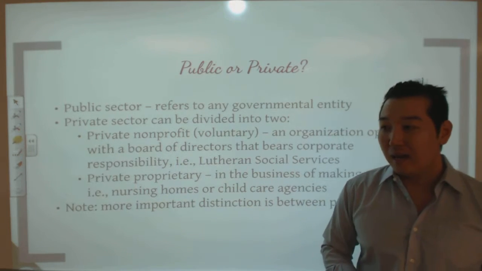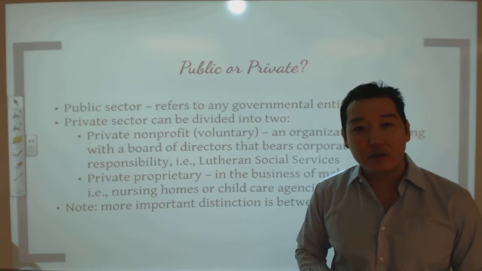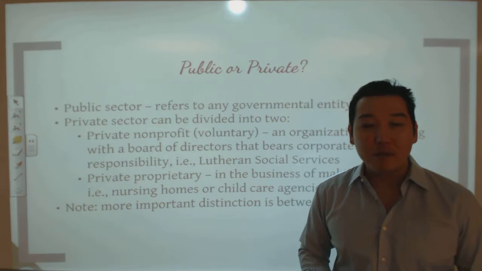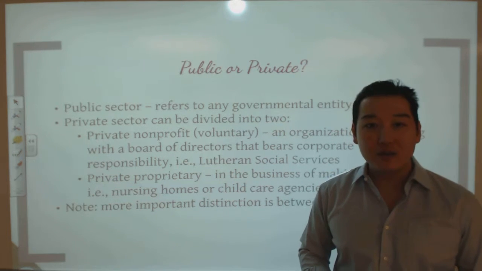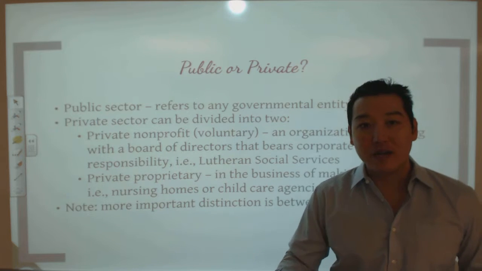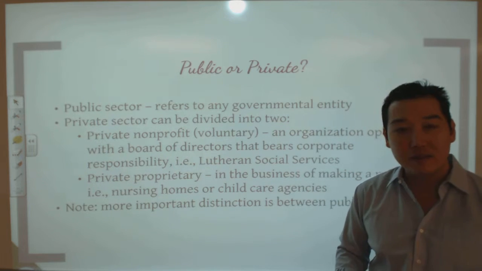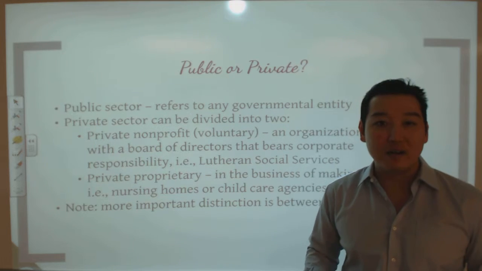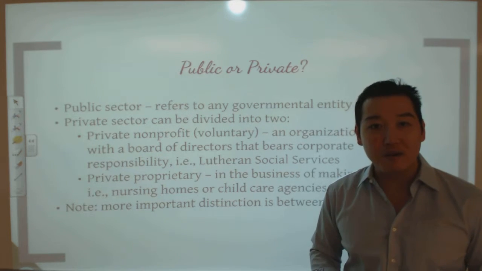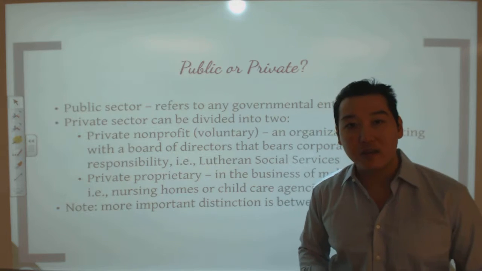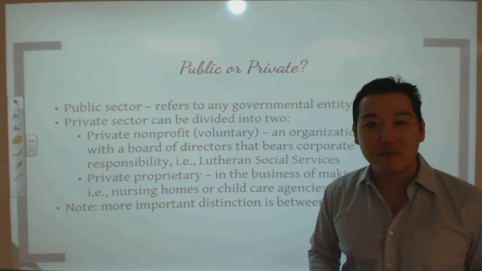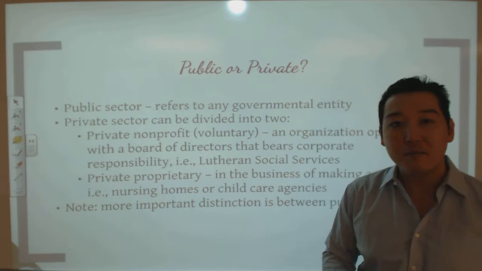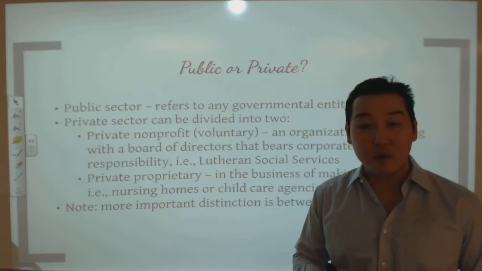And then, of course, you'll want to note whether your program or policy is, in fact, publicly affiliated. If there's any sort of interaction or extension of the government, we note that that's public in nature. And if it's just a private entity, it could be private for-profit or private nonprofit. The best way to tell whether a private entity is private for-profit or nonprofit is to think about how that entity was incorporated.